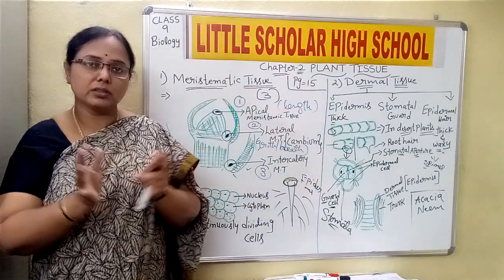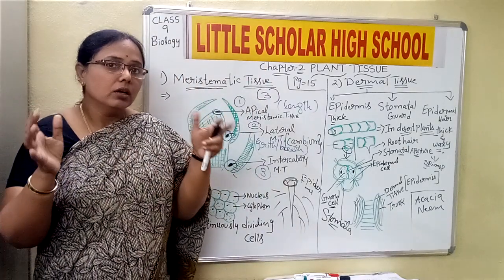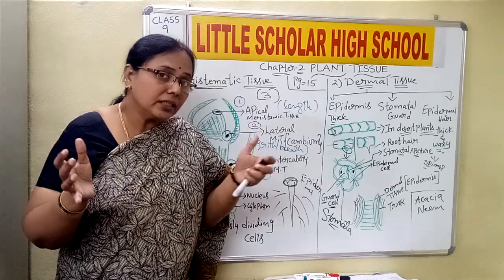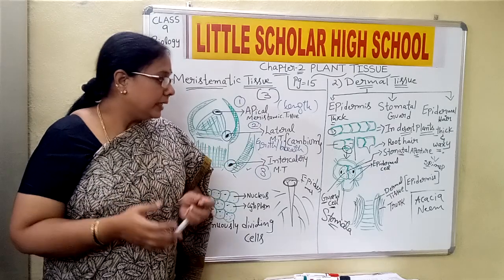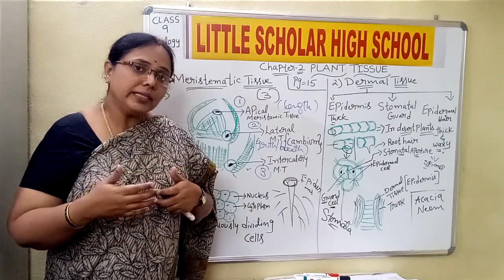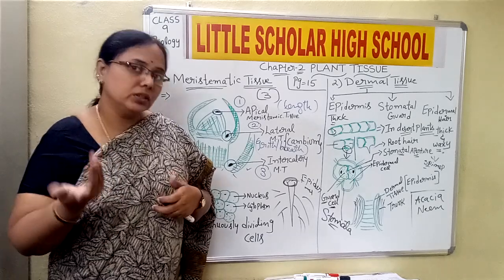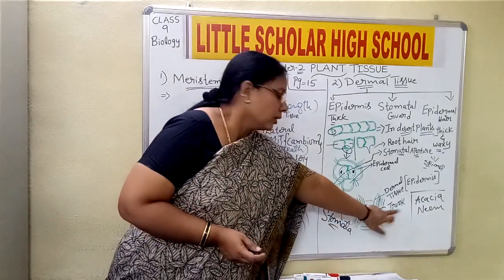All of you know the trunk is the huge body at the base of the tree. So how is it forming? It is the multiplied layers of the dermal tissue which form the trunk. Okay, children.